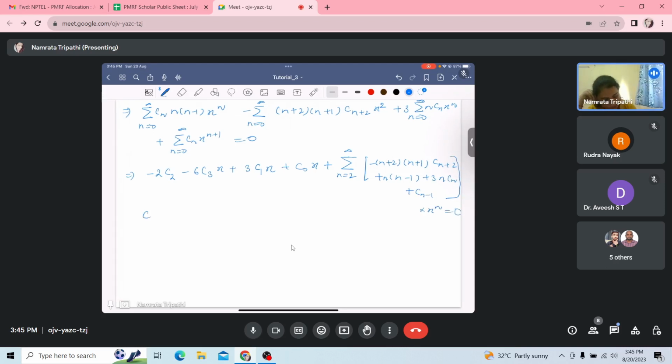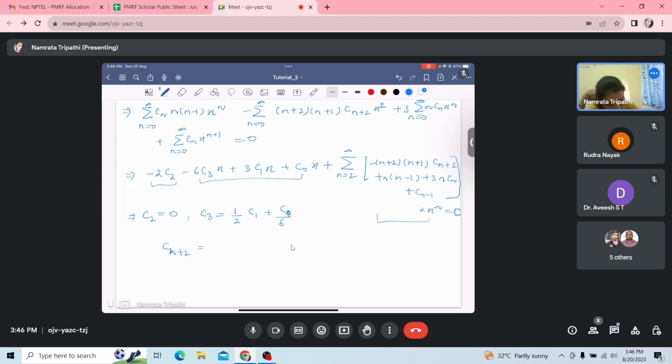So after equating, you already know C2 is 0, C3 is 1 by 2 (C1 plus C0 upon 6). You can equate this term, the coefficient of x, with 0, then you will get this, and after equating this term with 0, you will get C_{n+2}.